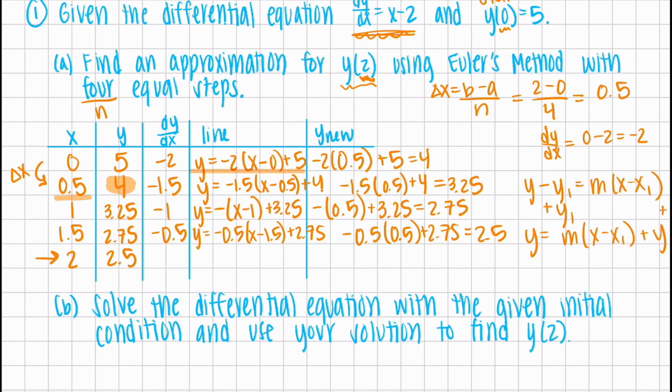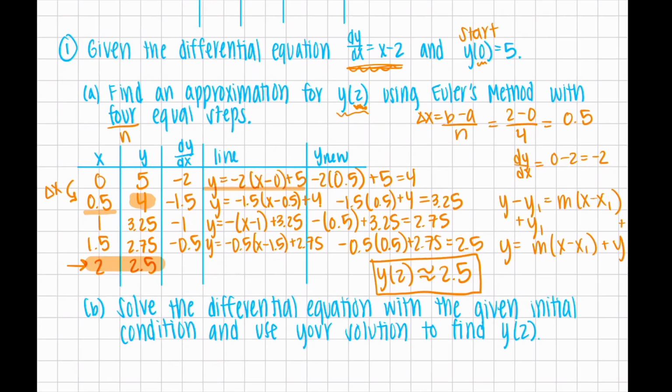So we think y of 2 is approximately 2.5. To write out your final answer, you're going to write that y of 2 is approximately 2.5. And that is our answer using Euler's method.